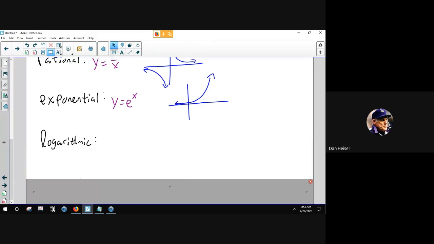Logarithmic. Because we used e for exponential, I'm going to use natural log for the logarithmic because it is the inverse of e to the x.